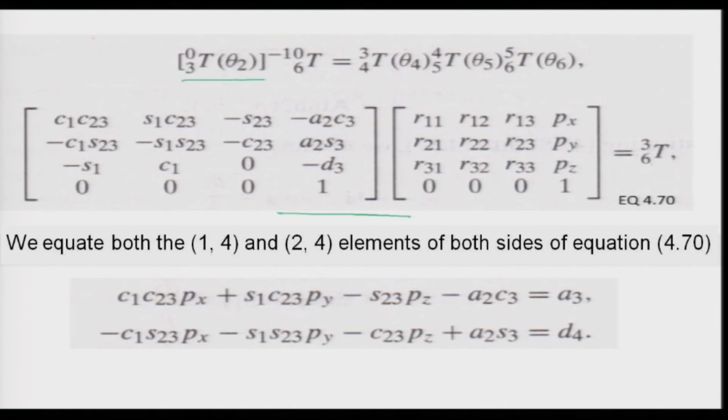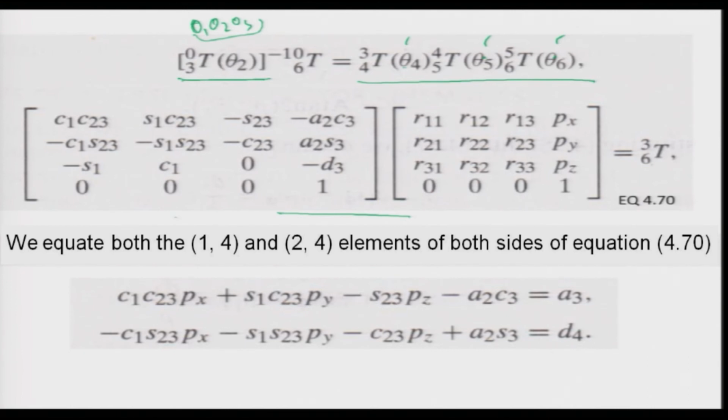Now, if you are multiplying with the inverse of 0 to 3, theta 1, theta 2 and theta 3 are getting removed. Okay. So, on the right hand side you only have terms 4, 5 and 6. So, this equation is only in terms of theta 4, theta 5 and theta 6.